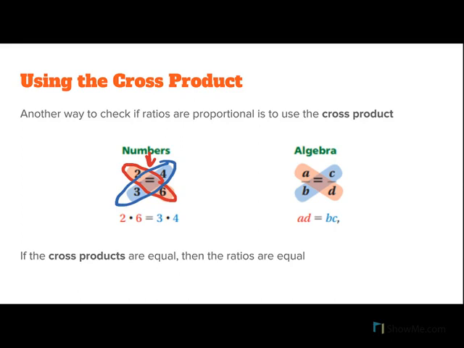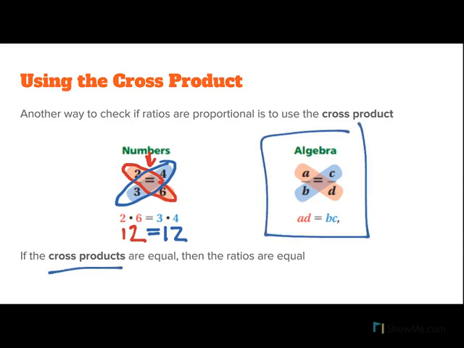So in this case, I have 2 times 6, which is 12. And when I multiply the other one, I get 3 times 4, which is also 12. So since these numbers are equal, that tells me my proportion is equal, or they are proportional. So that's what we call our cross product. And you can see the general rule right here: as I multiply these together, that's A times D, and these ones B times C. As long as they're equal, I'm proportional.